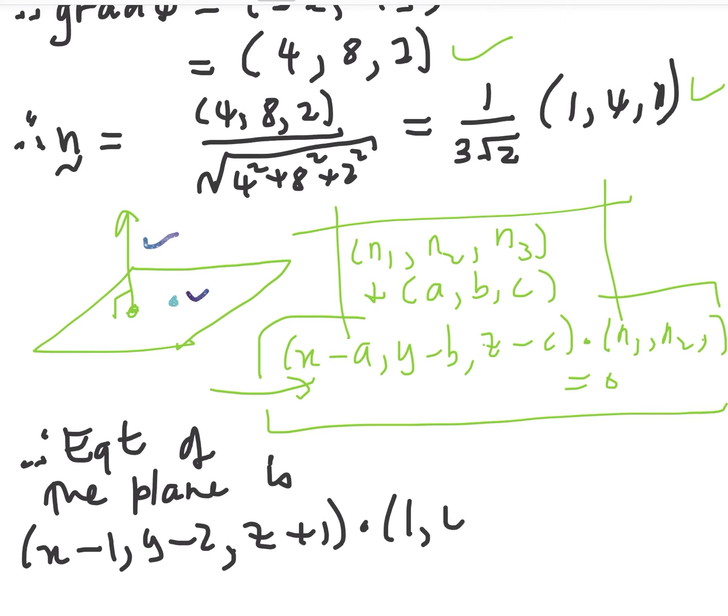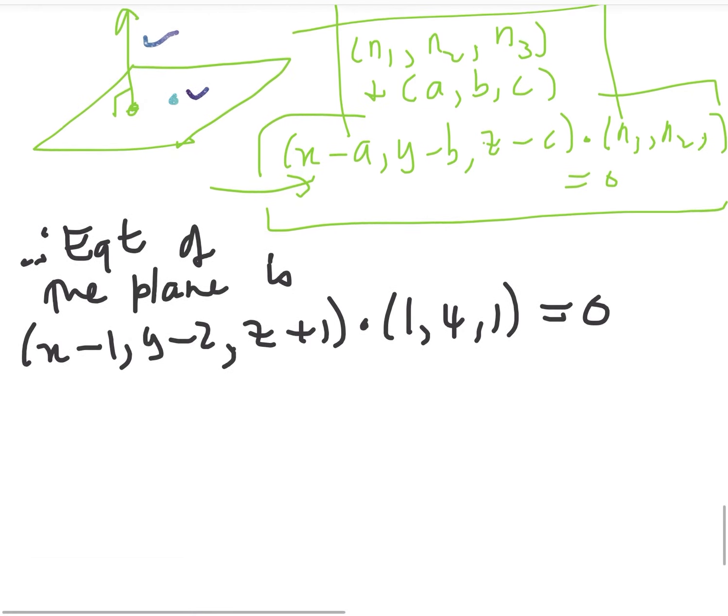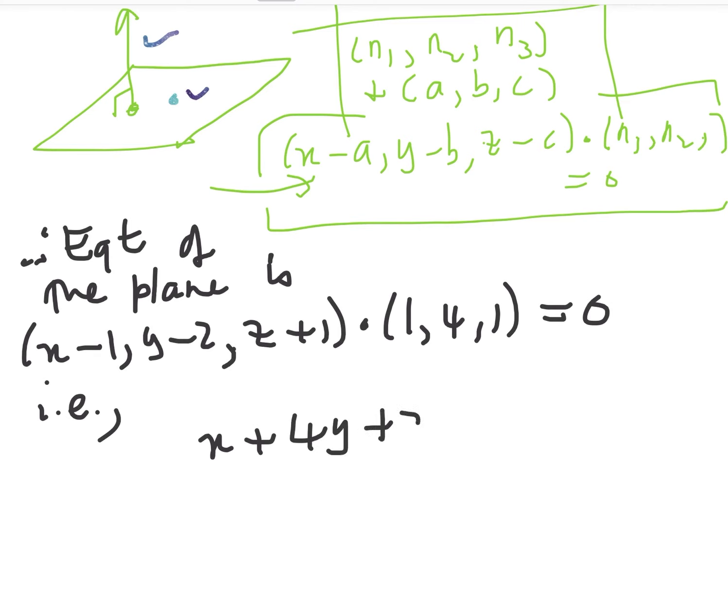So it could be 1, 4, 1. I may or may not divide by 3 root 2, equal to 0. And if we had to expand the dot product we've just written, we'll end up with x plus 4y plus z equal to 8. Ta-da.